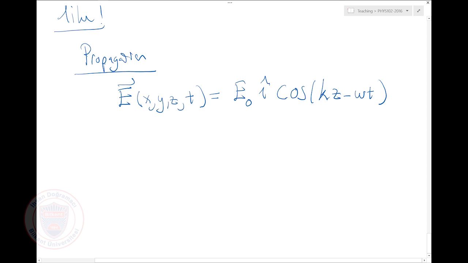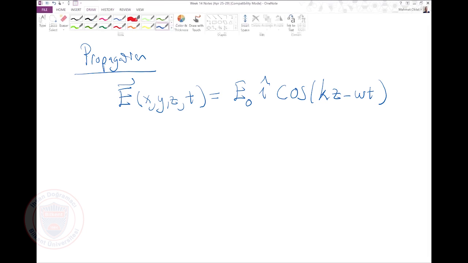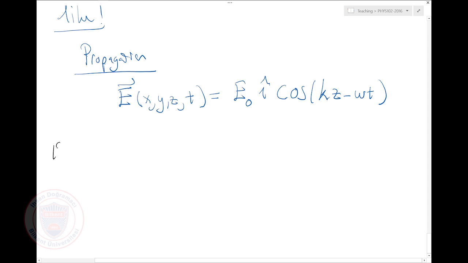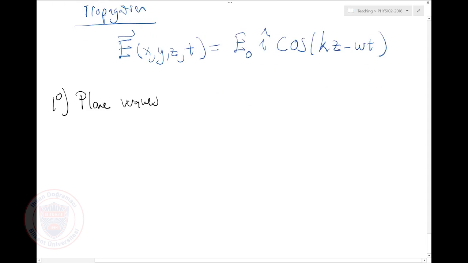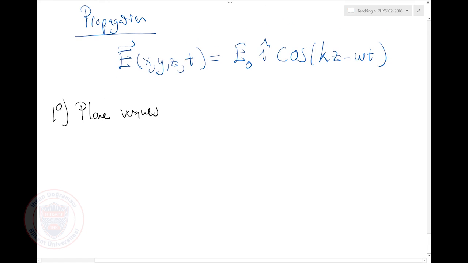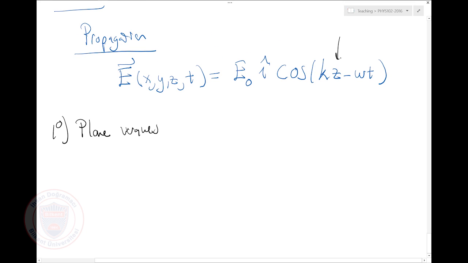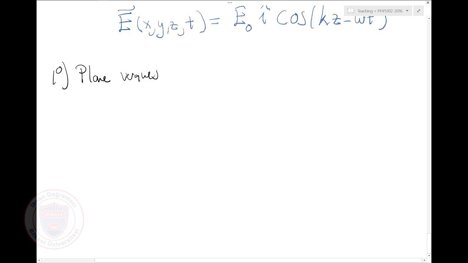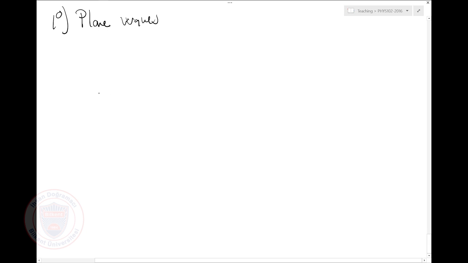First thing we should notice here is these are called plane waves. What does that mean? This is a wave propagating along z, so this is the propagation direction. Let's say this is the z-axis.